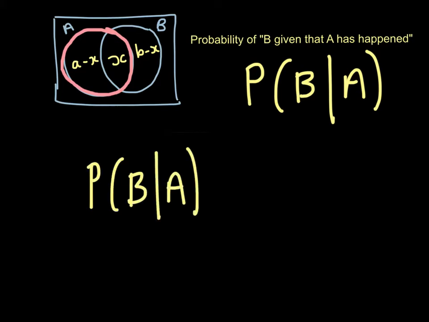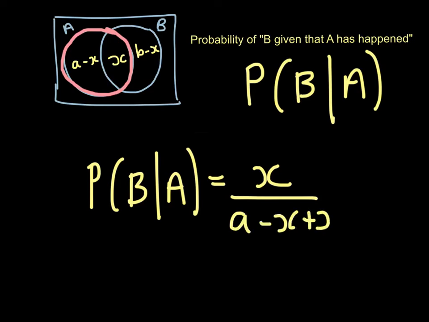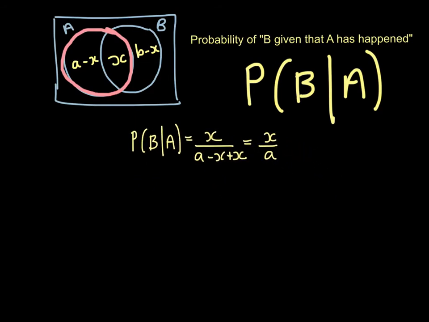So the probability of B given that A has happened is going to be that intersection, the only part in that red circle where B is happening, X, divided by the sample space, so that'll be A minus X plus X, the two little shapes inside that red circle. Obviously that red circle is A, so the probability of A happening is just a. That reduces down to just X over a.